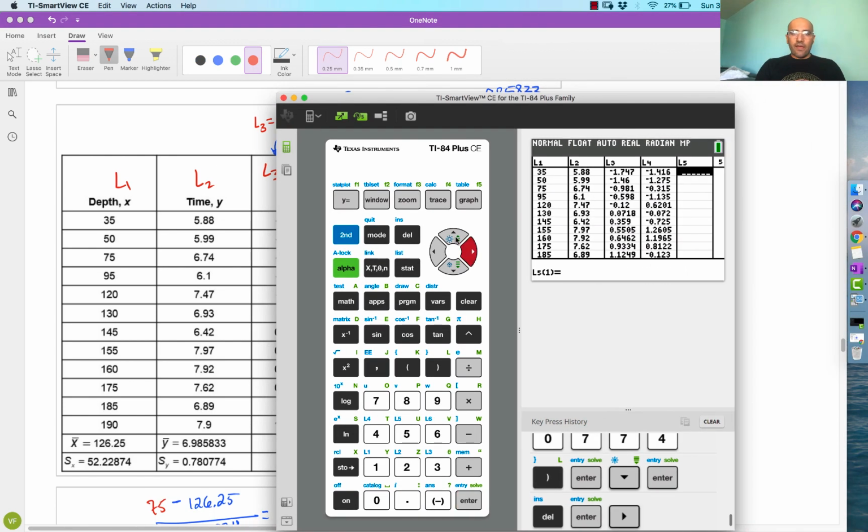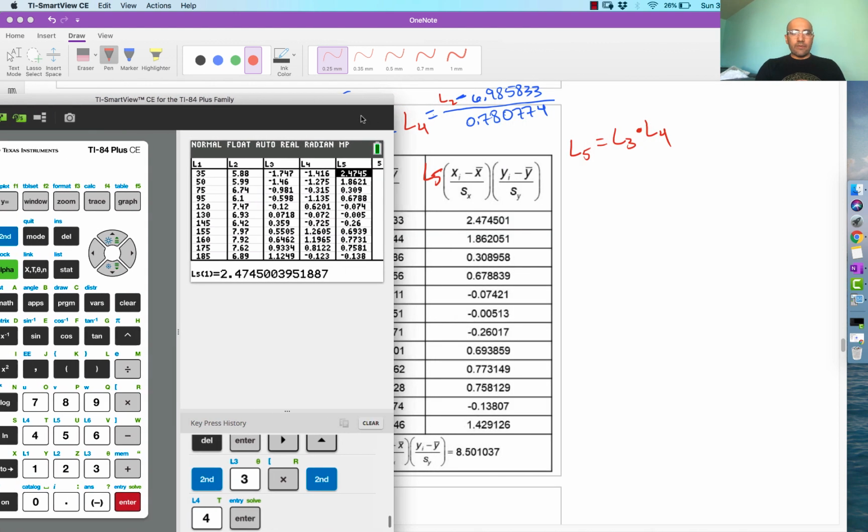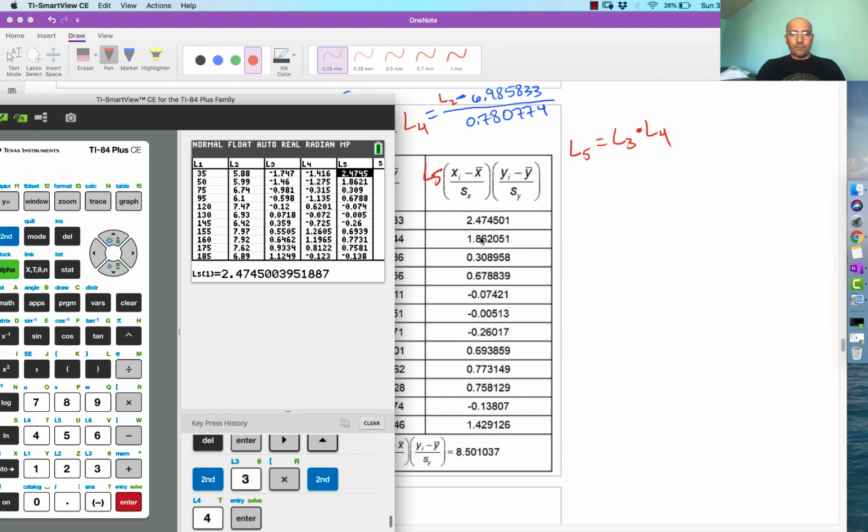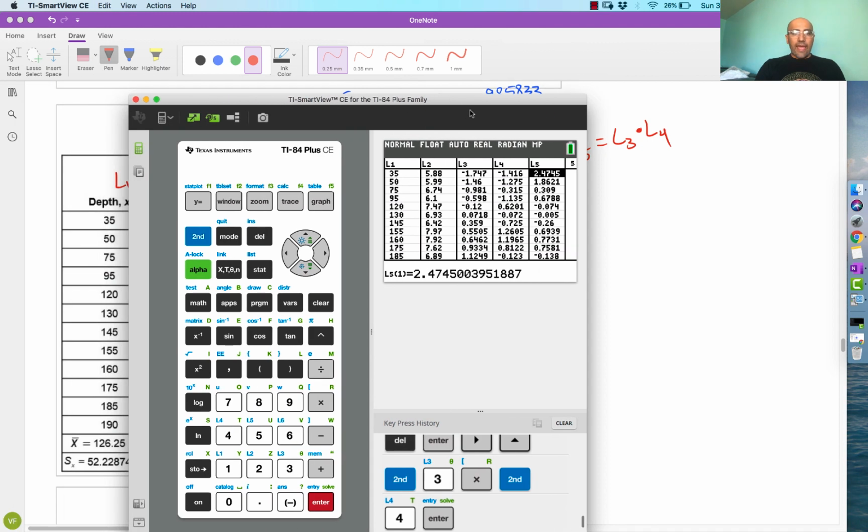Okay, so list 5 is just going to be equal to list number 3 times list number 4, enter, and that is going to be these values. Right, so that's these guys right here. Okay, so the next thing, the last thing we need to do is to add them together.